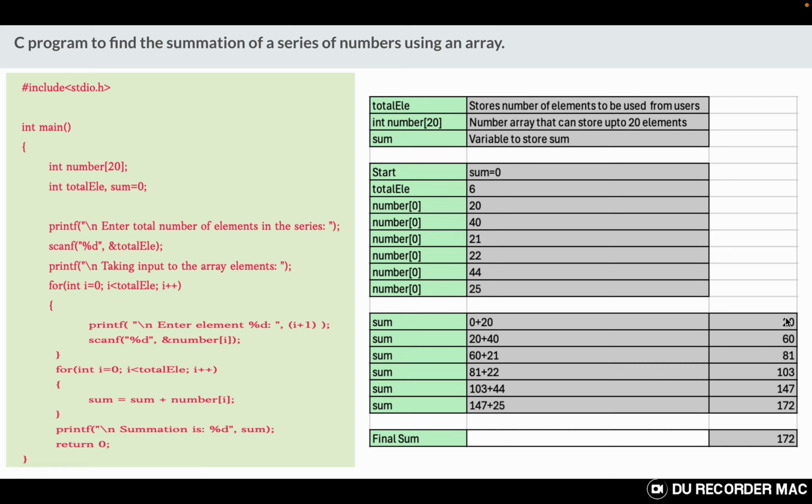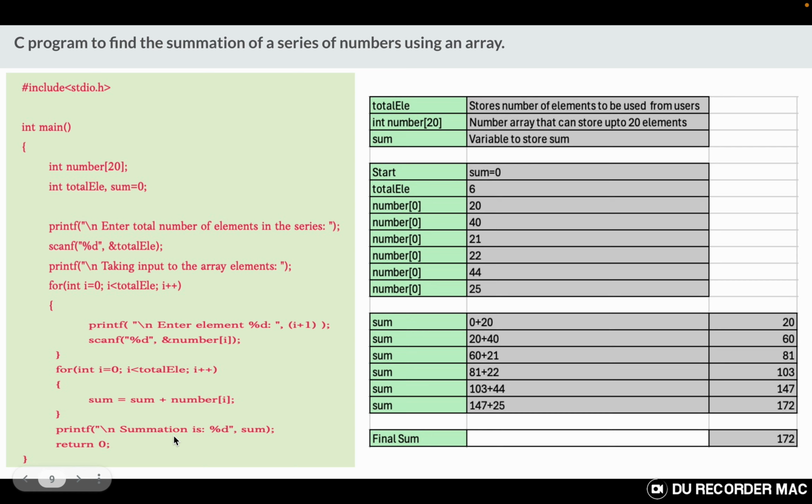We take the new value of the sum that was present in our previous run. Now the sum value is 20, plus number of 1, because this is the second time the loop is running. So number of 1 we have declared as 40 earlier. So 40 plus 20 gives 60.